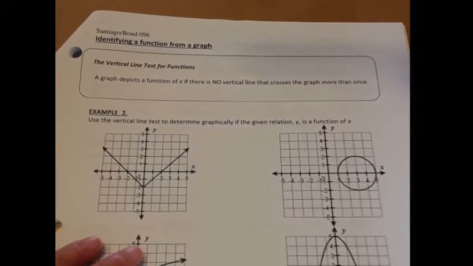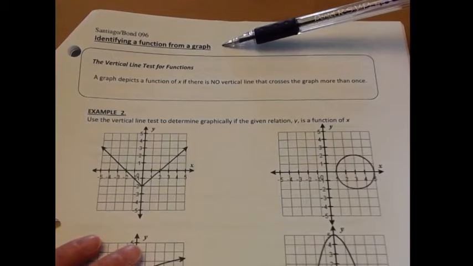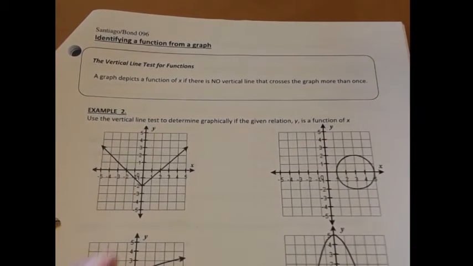Now, if we want to identify a function from a graph, we can use something called the vertical line test. So essentially what that means is we would be able to draw a vertical line anywhere on our relation, and as long as that vertical line hits that relation at most once, then we know we have a function.